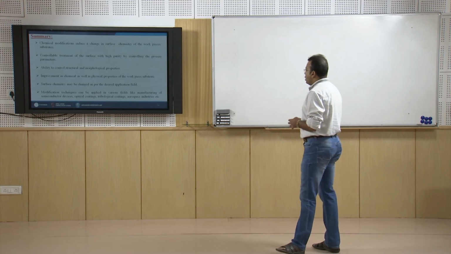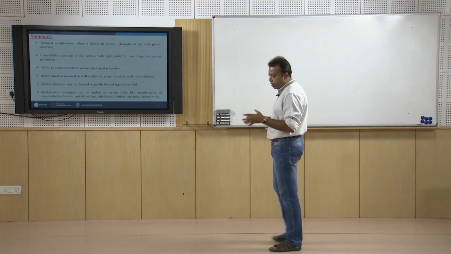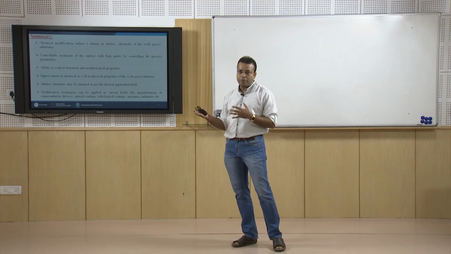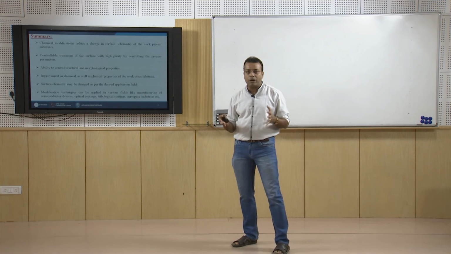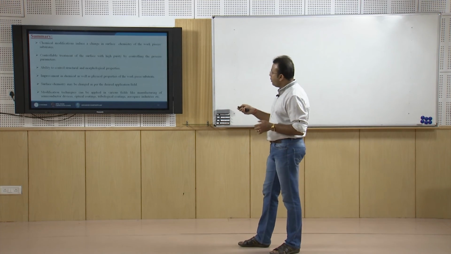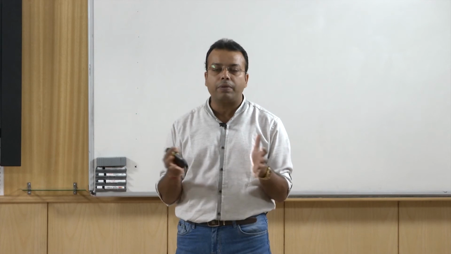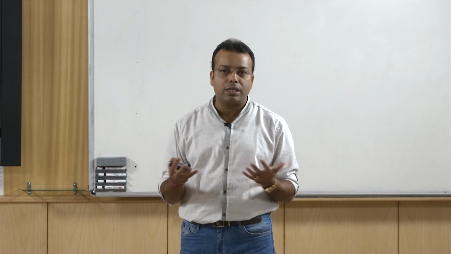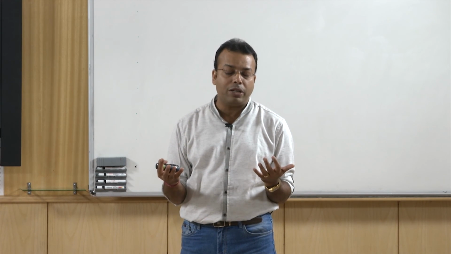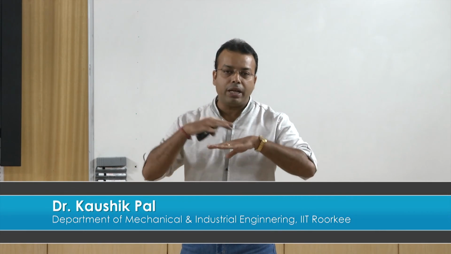Now we are into the last part of this lecture, where we have to summarize our whole study. Chemical modification induces a change in surface chemistry of the workpiece or substrates, with controllable treatment of the surface with high purity by controlling the process parameters, and the ability to control structural and morphological properties. It is a chemical process where we can do chemical reactions of that particular material with the substrate and the target materials, so that your material surface can be easily modified.